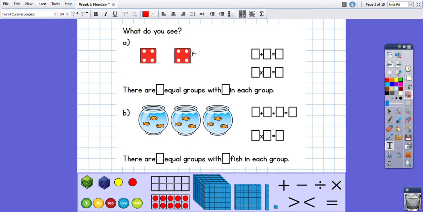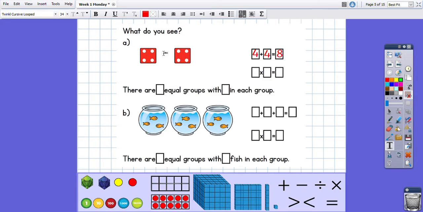Okay, so what do you see? You've got 2 dice here. The addition sum first. The addition is always the easier part to notice. You've got 4 on one dice, and you've got 4 on another dice, which when you add them together gives you 8.